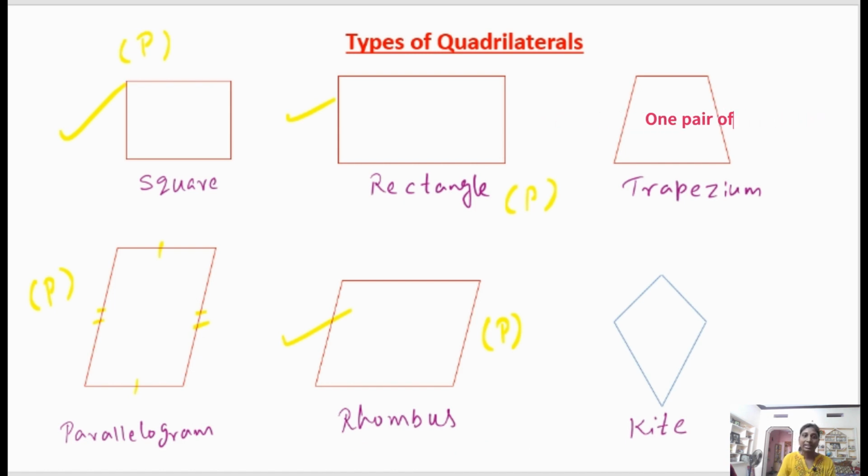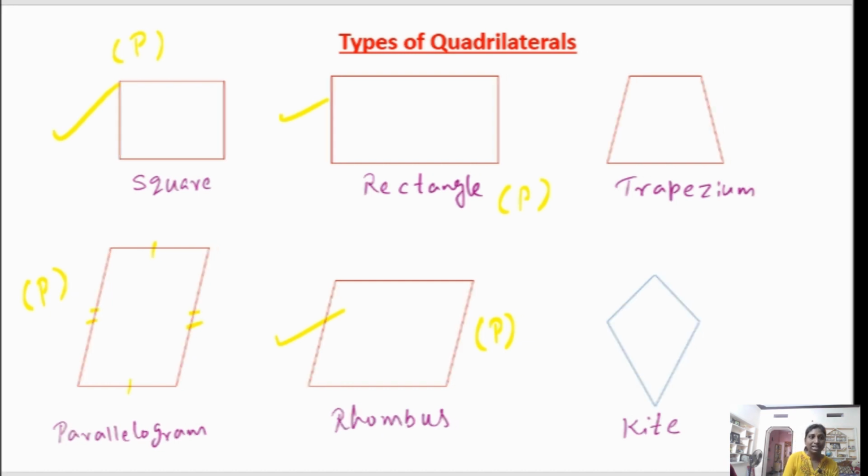So square, rectangle, parallelogram and rhombus are the examples of parallelogram. Clear? Now let's move to the next step.